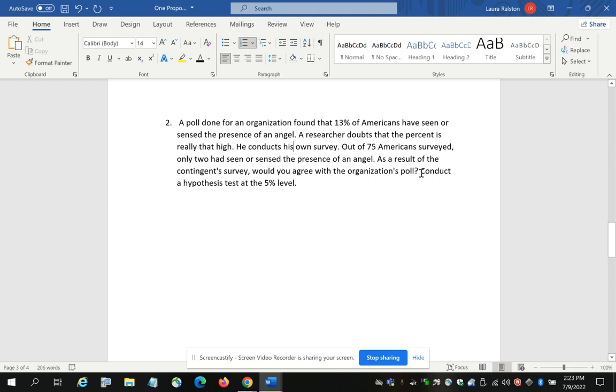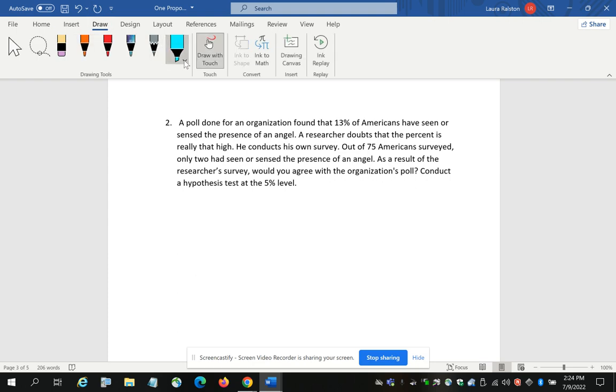of an angel. As a result of the researcher's survey, would you agree with the organization's poll? Conduct a hypothesis test at the 5% level. Okay, now this one is not maybe as straightforward as the previous problem, so you may have to, in some ways, read between the lines, okay?